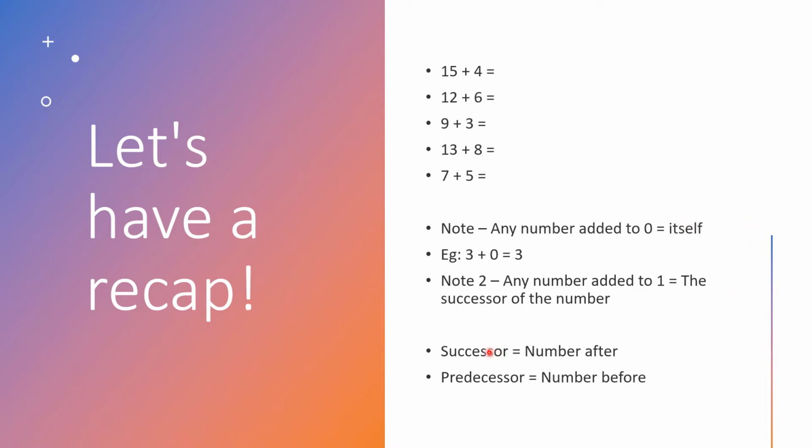So 2 is the successor of 1. Now, what is predecessor? Predecessor is the number before the number. So if the number is 1, then the number before 1, which is 0, will be its predecessor. I hope you understood. Now let's solve these problems.